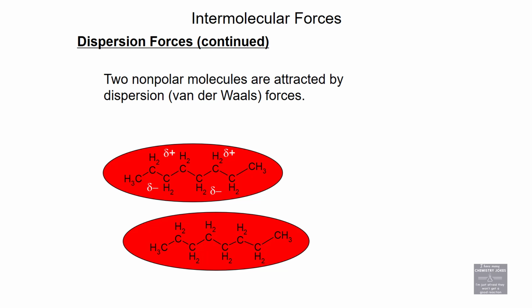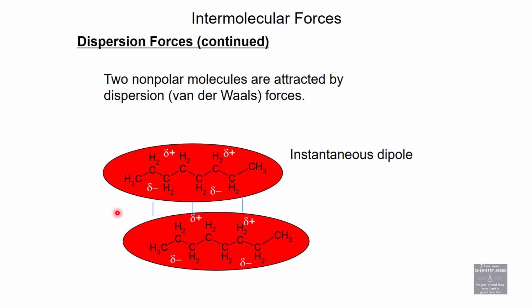So we've got a partial negative, partial positive buildup, temporarily, instantaneously, and because these molecules are close to each other, this one molecule that started the partial positive negative buildup forces its neighbor to behave the same. It forces the neighbor to have a partial positive, partial negative alignment like that, which instantaneously attracts these two things together.